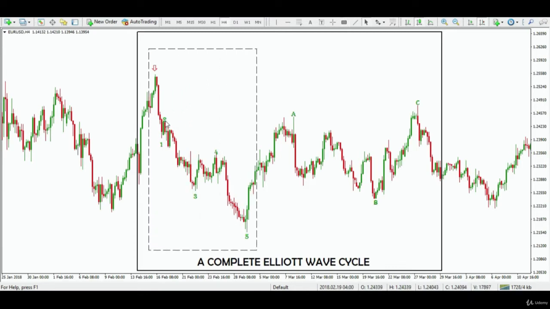Within this sequence, wave 2 corrects the price of wave 1 and wave 4 corrects the price of wave 3. And once wave 5 comes to an end, we see a larger correction which corrects the entire 5 wave decline on this pair.